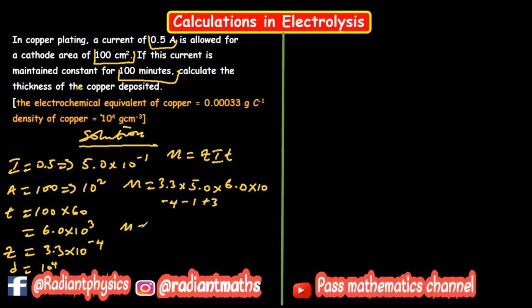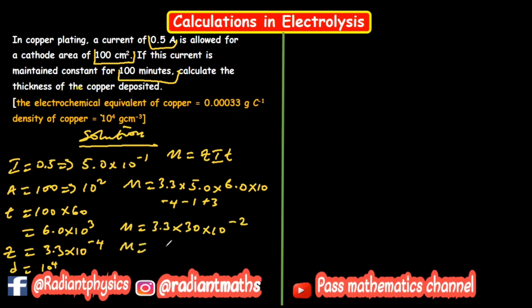So 3.3 times 5 times 6. 5 times 6 is 30, and 30 times 3.3 gives 99. For the base 10, minus 4 minus 1 is minus 5, plus 3, so we have minus 2 here.